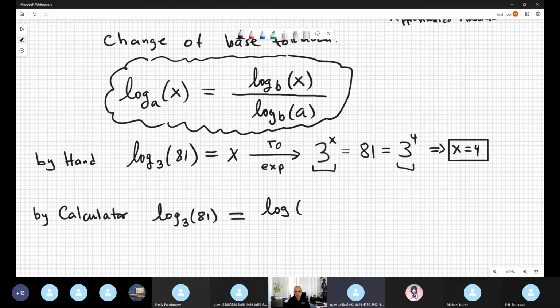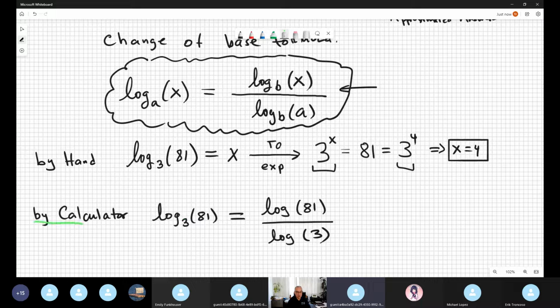You put log of 81 divided by log of 3. Let me compare this statement and this statement. A is the given non-standard base, in our example 3.